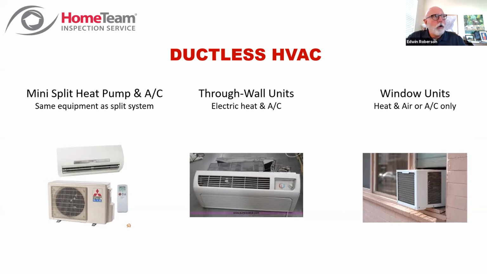These do a very good job for a limited area. In other words, where we would typically see them in the Triangle is where someone has finished a small space, maybe converted an attic to a bonus room, and it did not have any original HVAC. Well, you just put a mini split in the area and you take care of it.